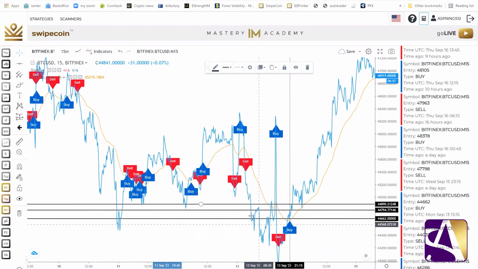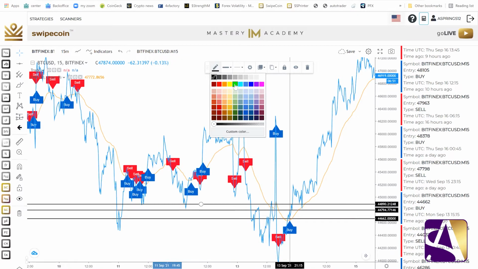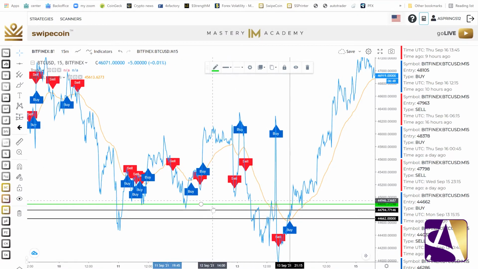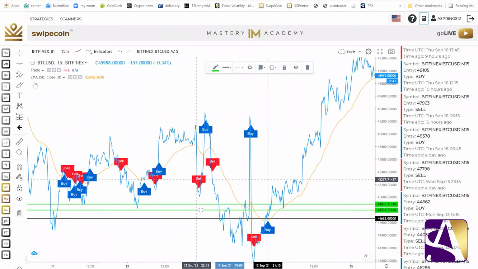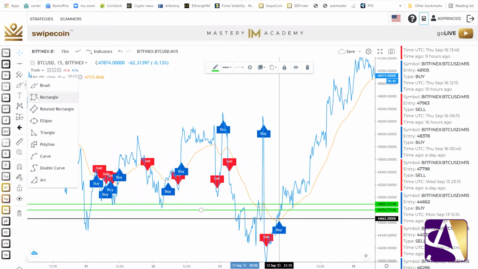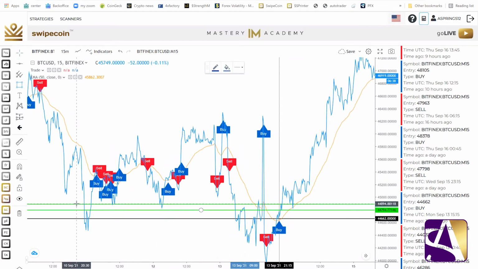It ended up breaking and retesting in this zone, within our zone right here. And let me actually do this. We're going to make this green because this is where we're going to be looking to buy. Within that zone right there. Perfect. Let's actually, boom, we can zone it up even better. Perfect. So that's right there.